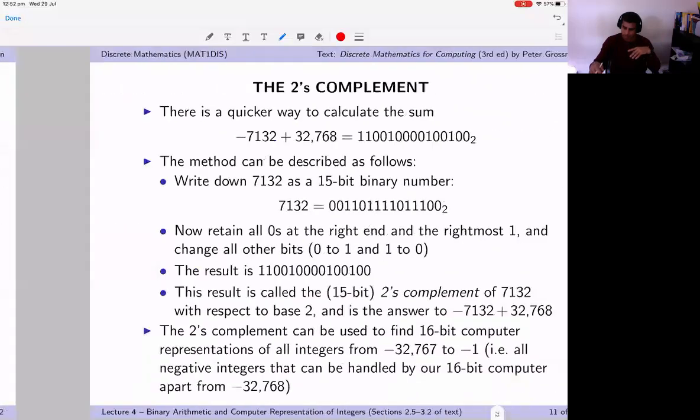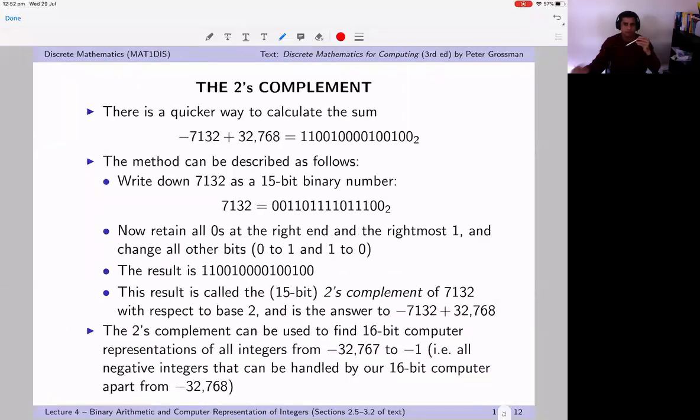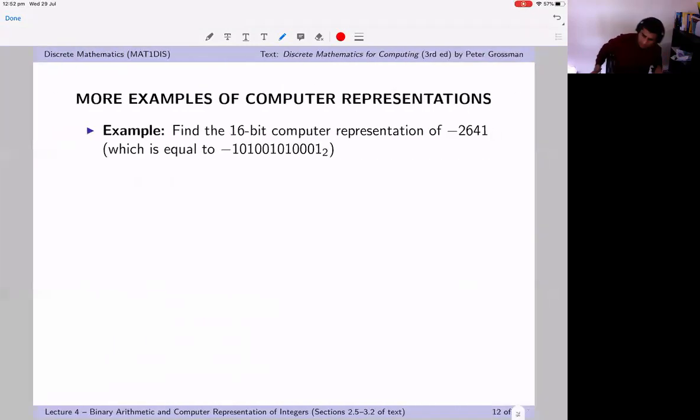Okay, any questions, anyone? So we can look at more examples that might actually explain this process a bit more. Find the 16-bit computer representation of this number. For convenience, I have written this binary representation here.